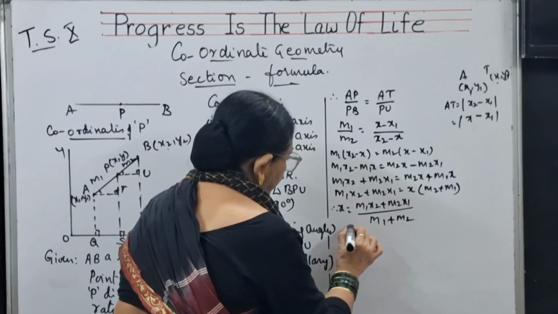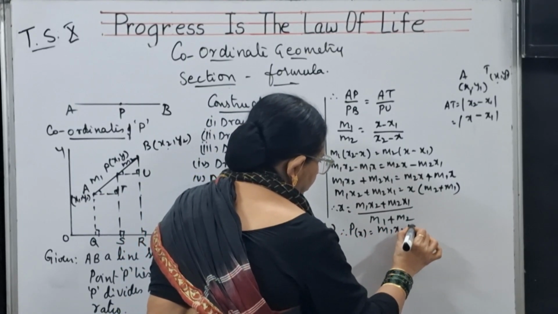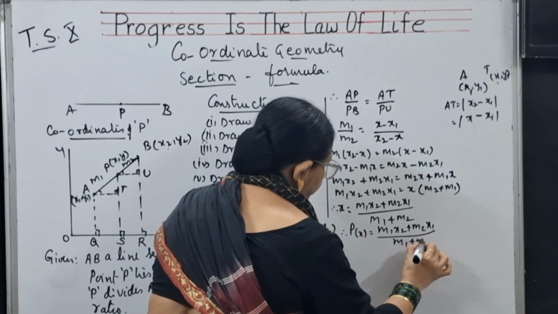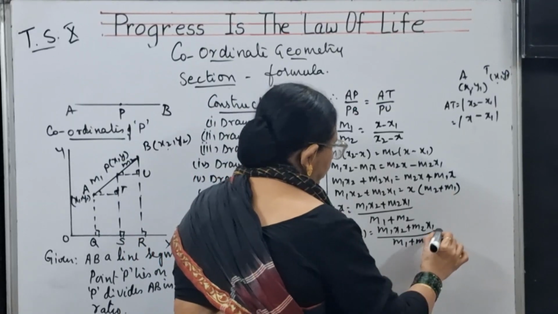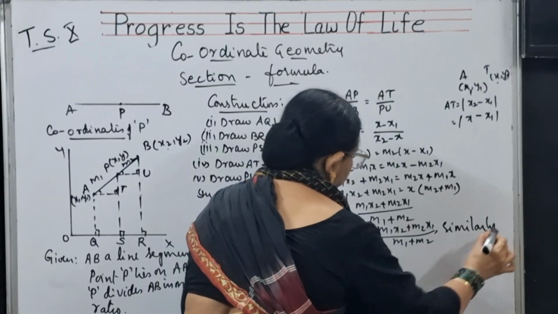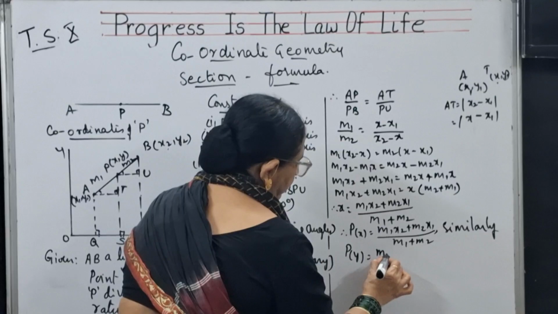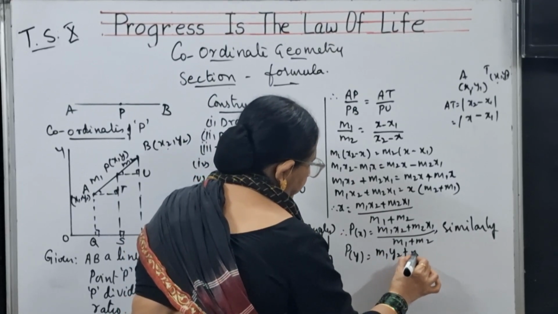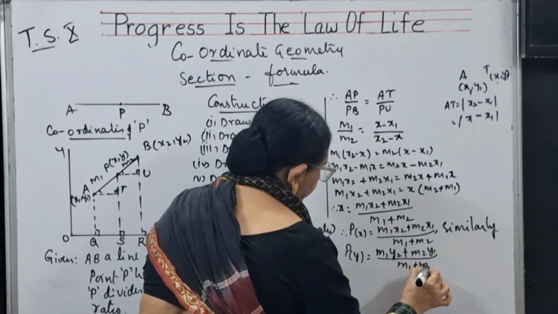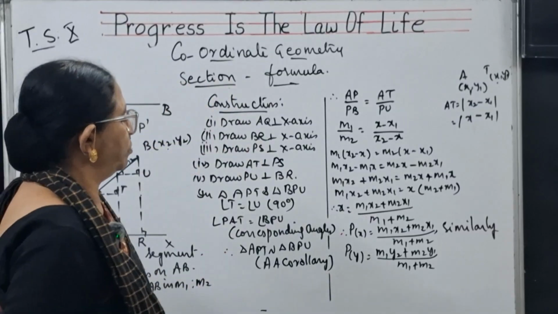Therefore, P of x is equal to m1 x2 plus m2 x1 by m1 plus m2. Then similarly, P of y is equal to, in the place of x you write y, m1 y2 plus m2 y1 by m1 plus m2. So these two are considered as section formula.